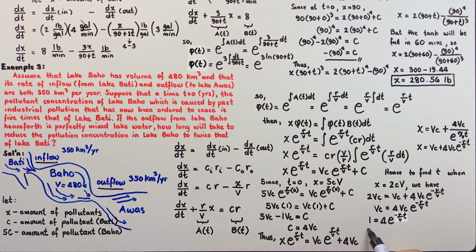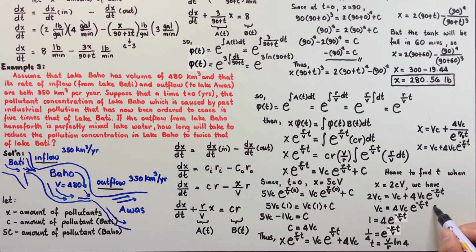So dividing both sides of the equation by 4, we have 1/4 is equal to e to the power negative r over Vt. Hence, applying the properties of logarithm, we have t, which is equal to v over r times the natural log of 4.